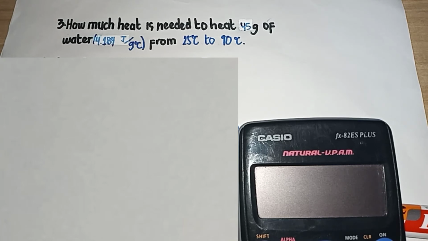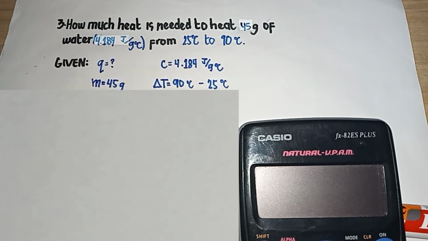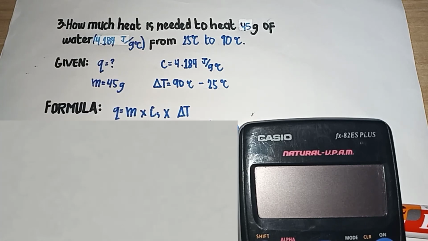The givens are mass of 45 grams, the specific heat of 4.184 joules per gram degrees Celsius, the change in temperature, the 90 degrees Celsius minus 25 degrees Celsius, which is equal to 65 degrees Celsius. So as I mentioned earlier, the formula for heat transferred is Q equals mass times the specific heat times the change in temperature.